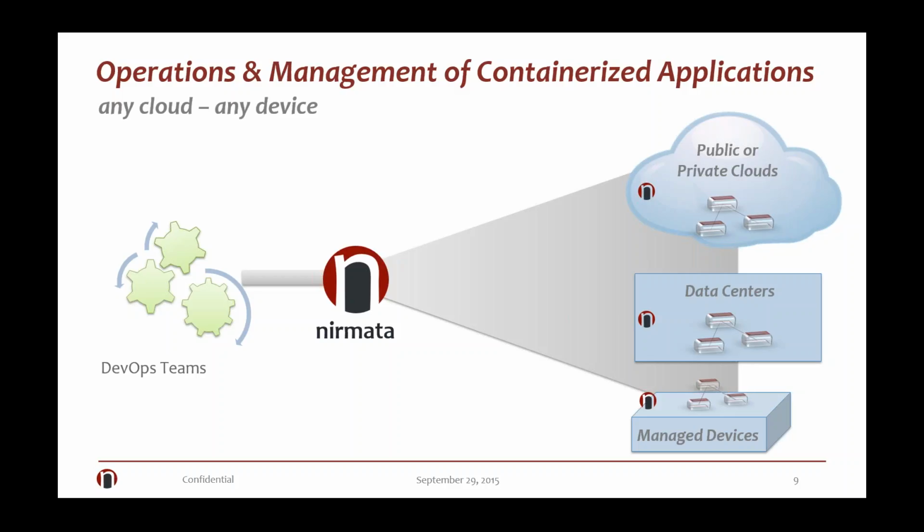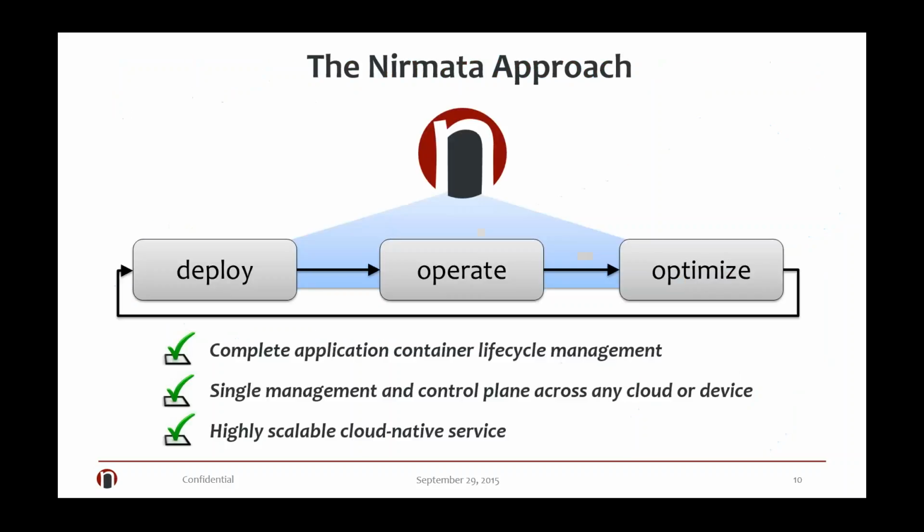And across any cloud or even any connected device, Nirmata can help operate and manage this. So the solution is designed for IT operations teams to quickly be able to enable the single pane of glass across public and private clouds that their DevOps teams can then consume and use for their applications.